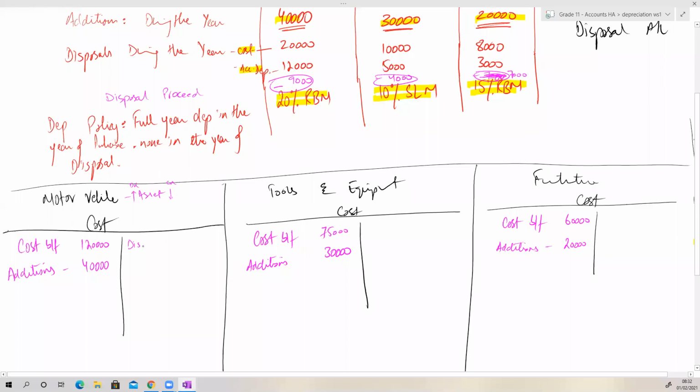All right. So disposal cost is basically 20.